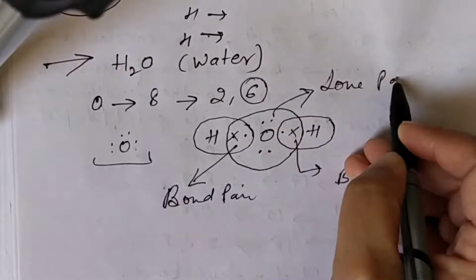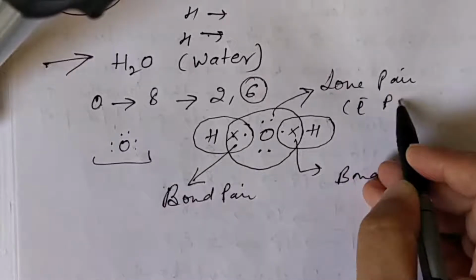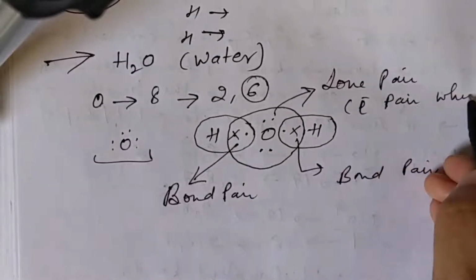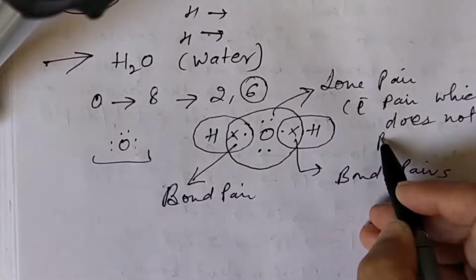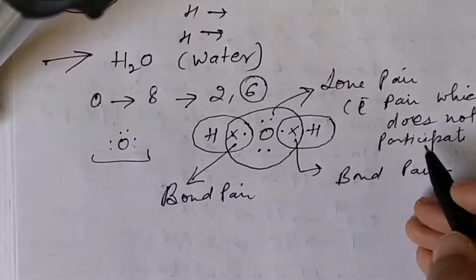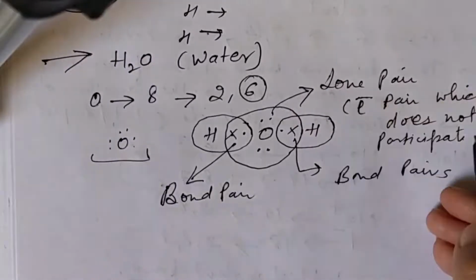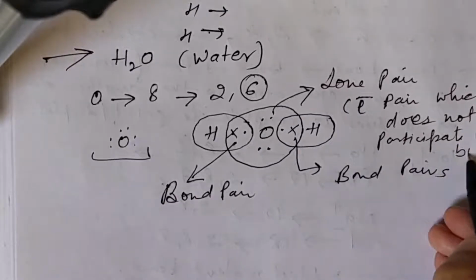This is the lone pair. Lone pair is the electron pair which does not participate in bonding. Are you getting, students, what we are trying to discuss here? Electron pair which does not participate in bonding is called a lone pair.